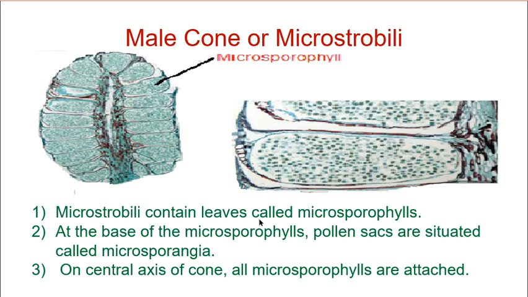Microstrobilus contains leaves called microsporophylls. At the base of microsporophylls, pollen sacs called microsporangia are situated. On the central axis of the cone, all microsporophylls are attached. So this is the structure and diagram of the male cone.